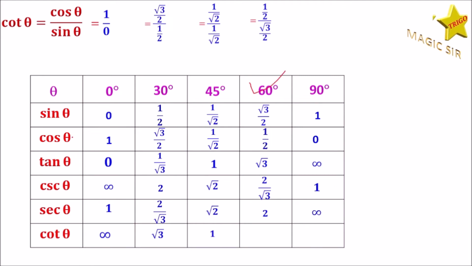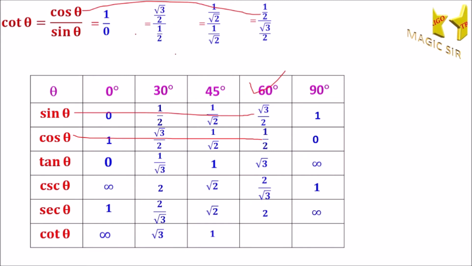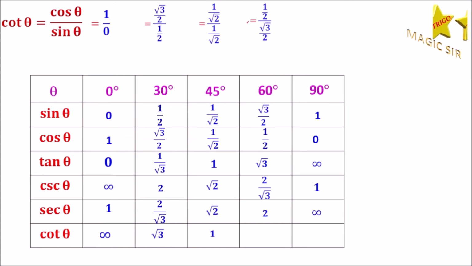For 60-degree angle, we have cos theta equal to 1 upon 2 and sin theta is equal to root 3 by 2. So, cot theta equal to 1 upon 2 all upon root 3 by 2. By simplifying, we get cot theta is equal to 1 upon root 3. Therefore, cot 60 degrees is equal to 1 upon root 3.